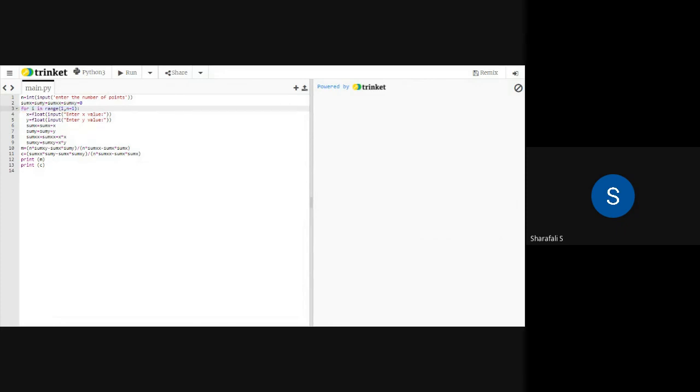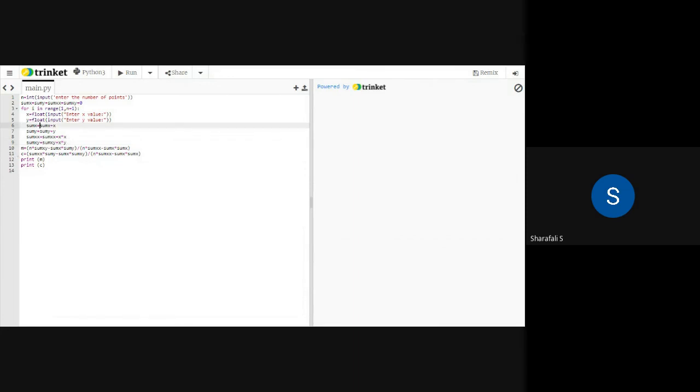It will check whether this i value has reached n plus 1. If it is not more than n plus 1, it will go to this step again. Again it will ask you what is the x value, which means that you have to enter the next x value and also the next y value, and this process continues. Each time, sum of x, sum of y, sum of x square, sum of xy will be changed.